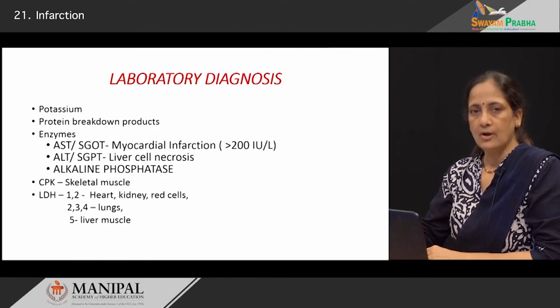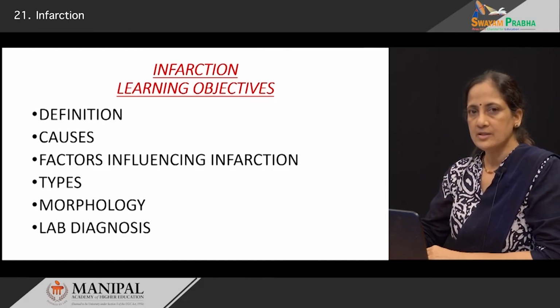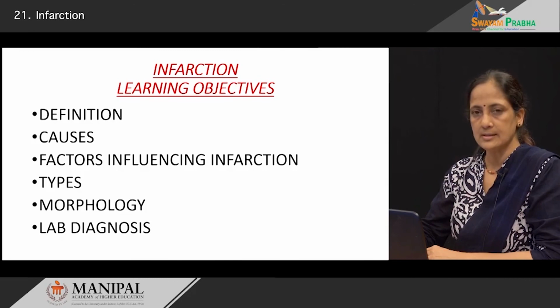We have now gone through the definition of infarction, which means an area of ischemic necrosis resulting from hypoxia. We have seen the various causes which we divided into arterial, venous and microcirculation causes. We saw the factors of the normal circulation which can influence the development of infarction.